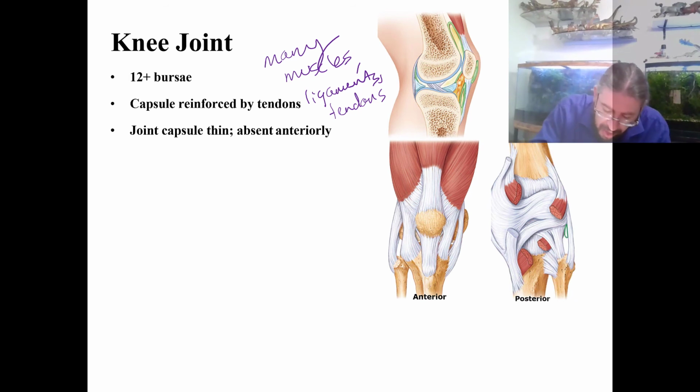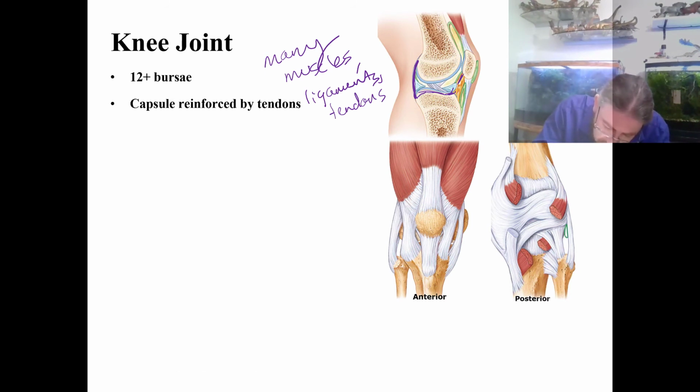So when you look at the joint capsule itself, in purple, it's basically going to be around here, but then a very thin amount there, and a very small amount there.